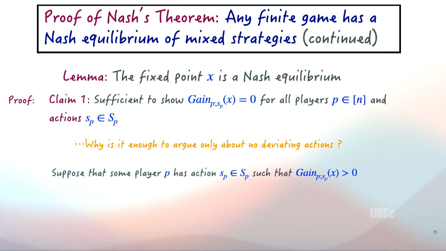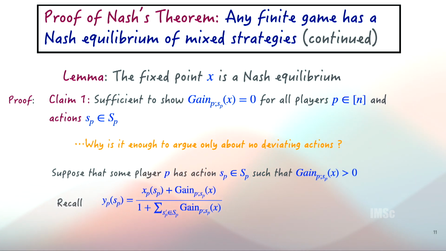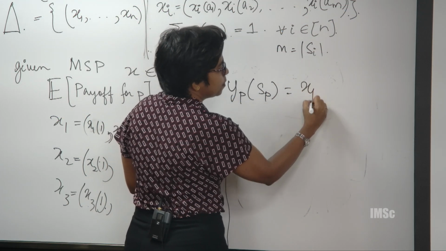Yes. So, let us write it. Y_p, this is just by definition, right? Y_p was defined this way, because x is a fixed point, Y_p(s_p) is actually equal to X_p(s_p), correct? That is what a fixed point would mean.